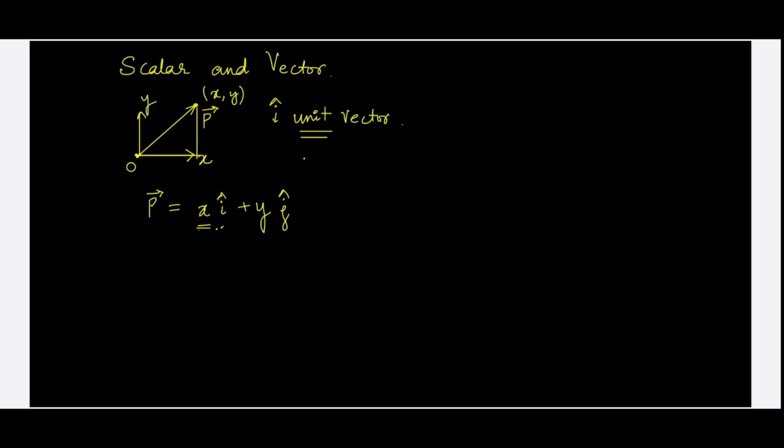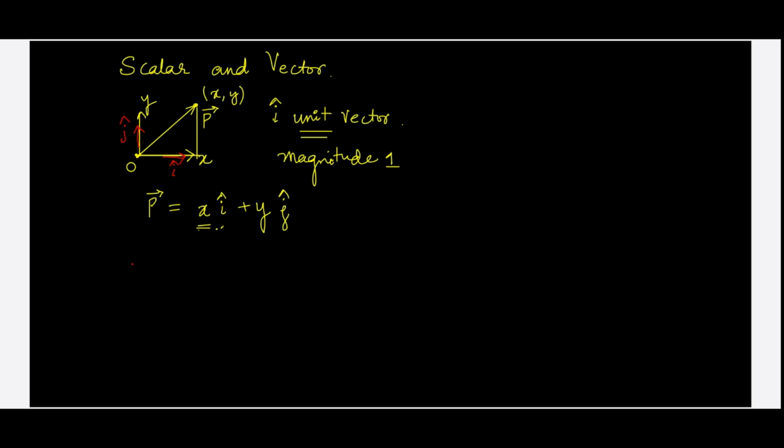By definition, the magnitude of I cap is 1 and the direction is along the x-axis. So this is I cap, and j cap is a unit vector along the y-axis. This is j cap.